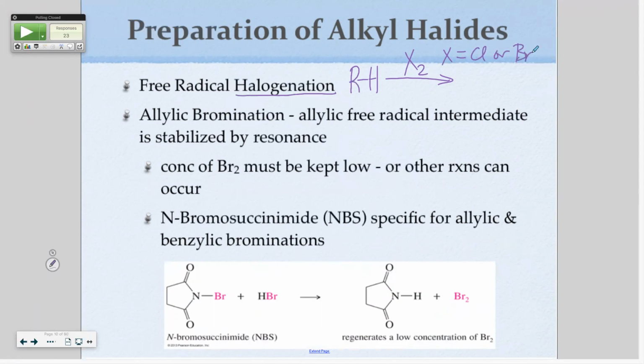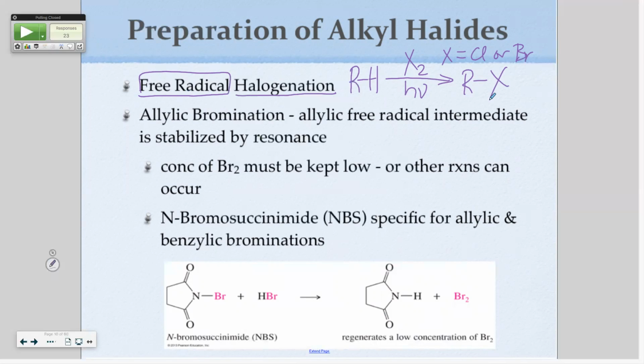Is that all you need? What gets this part started? Usually you'll see heat or light. And what happens in the reaction? You substitute a halogen for a hydrogen. Of course there's a lot to which one and all that. I just made it super generic.